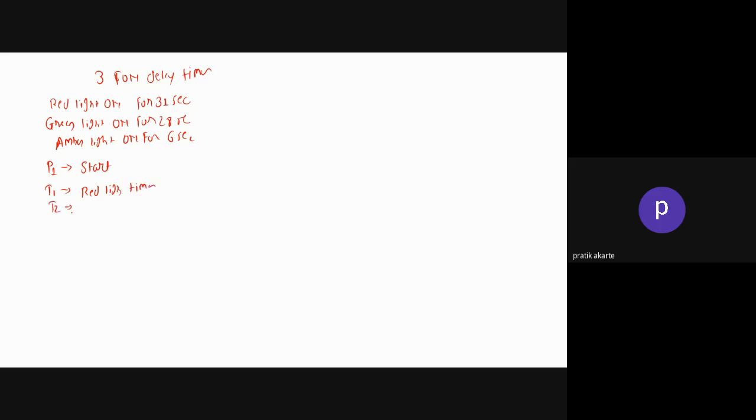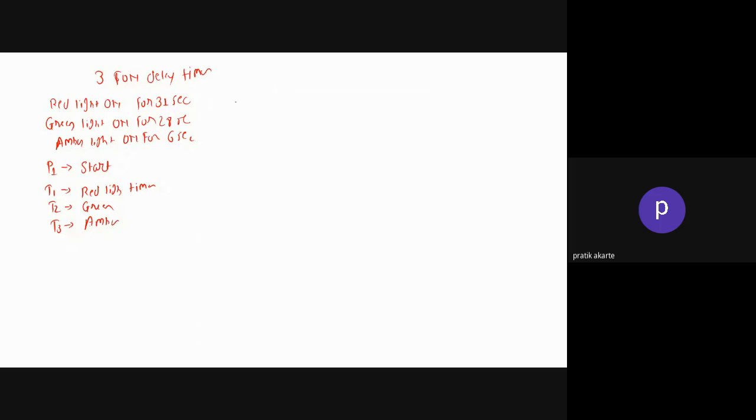The second on delay timer we will give for the green light, and the third on delay timer will be for the amber light. Now again note that an on delay timer starts when your input is on, and after completion of the preset time, the enable bit is off, and the done bit is on of the timer.